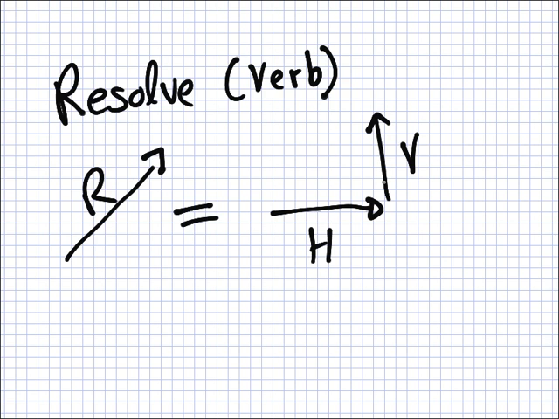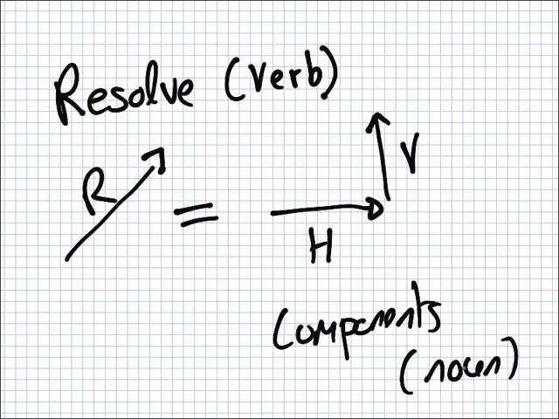Does anyone know it? Component. That's it, components. So when we say resolve as the verb, components is the noun. Okay. So this is called the horizontal component and this is called the vertical component.